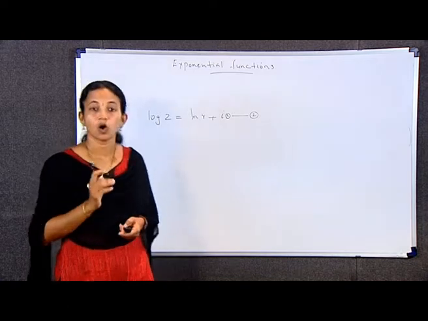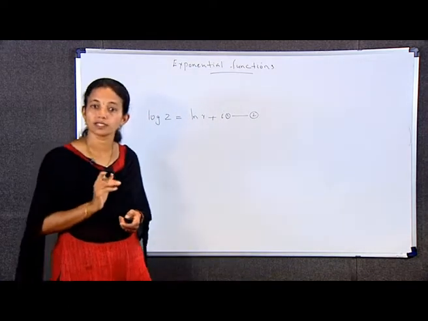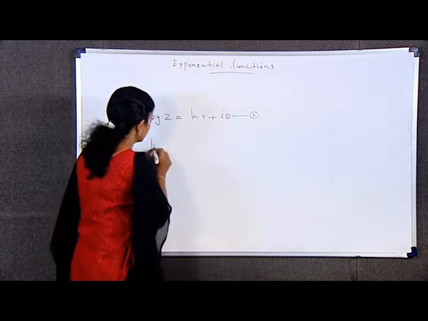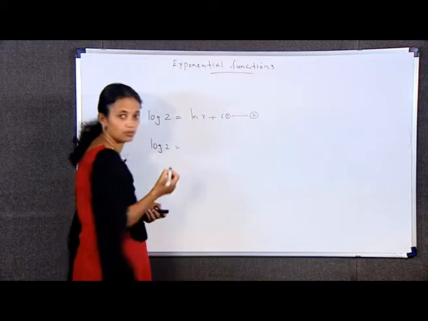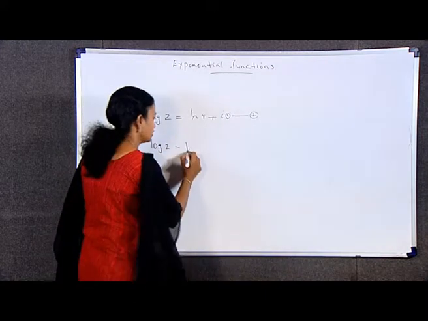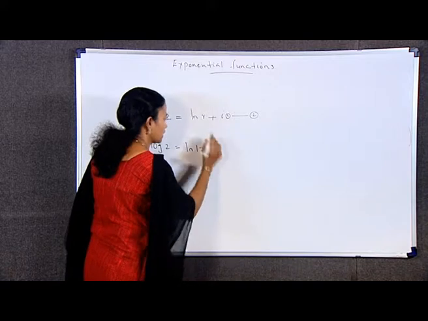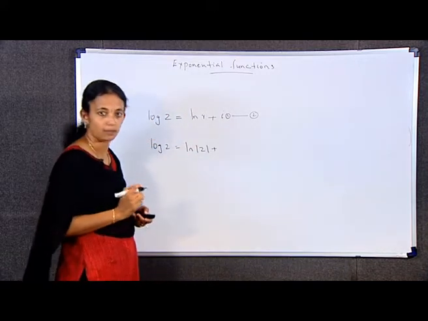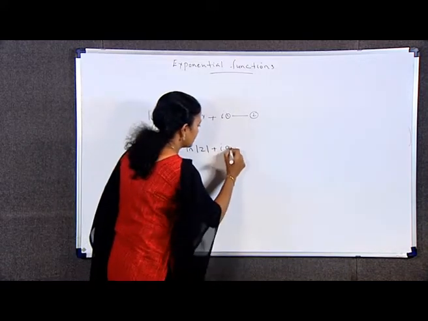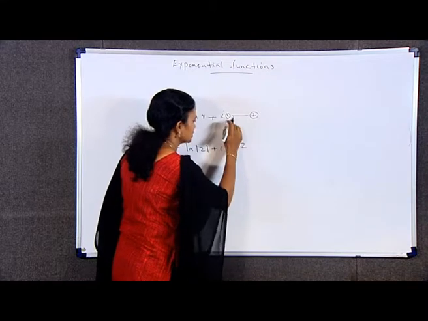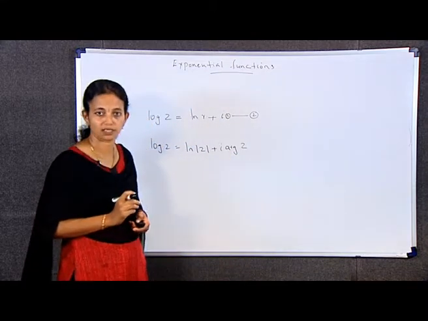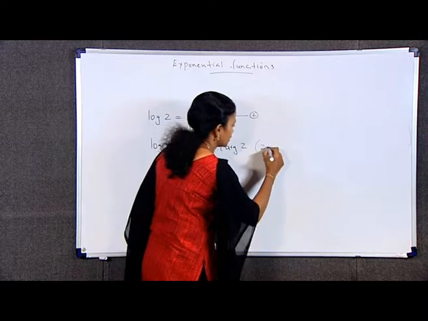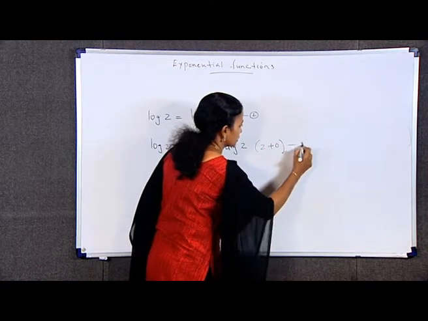That is, log z is equal to ln mod z plus i argument of z, where r is mod z and theta is the argument of z, and of course z is not equal to 0, equation number 3.